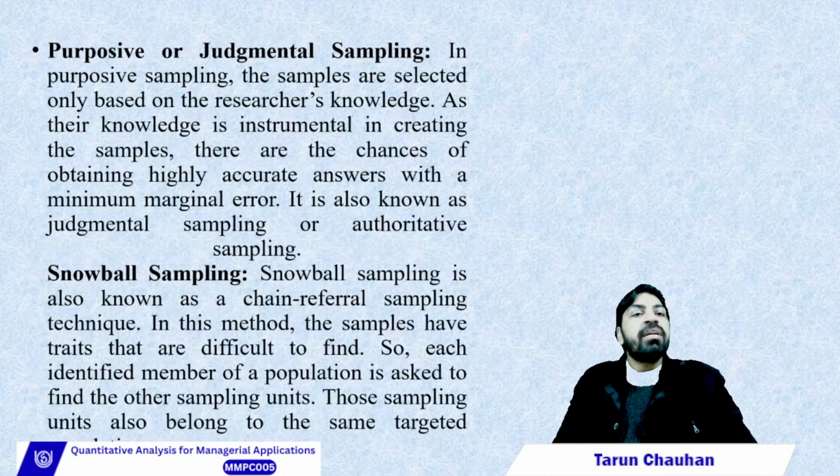Next one is purposive or judgmental sampling. When we talk about purposive sampling, the samples are selected only based on the researcher's knowledge.